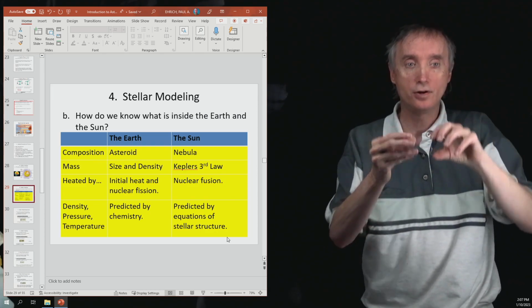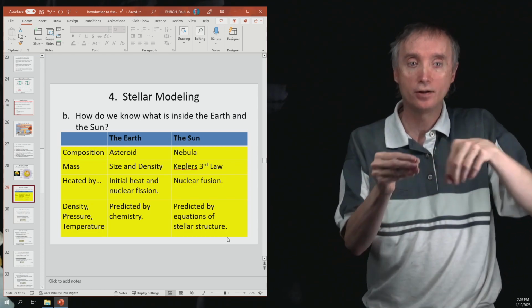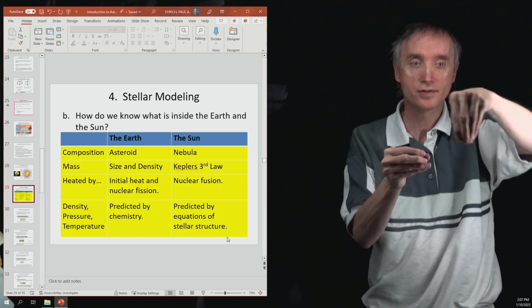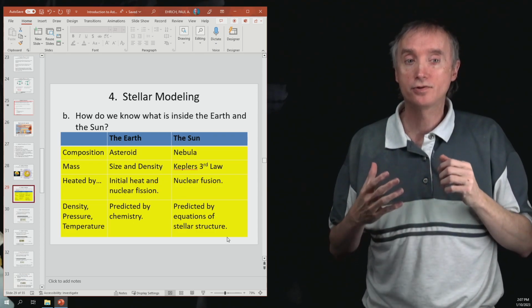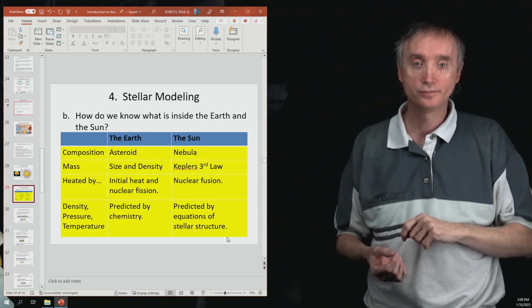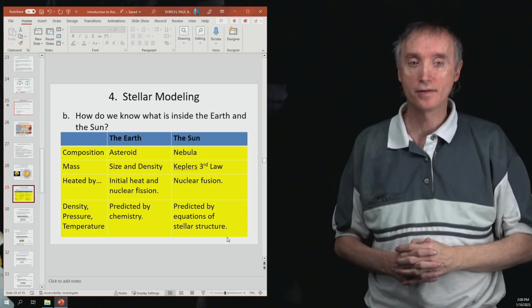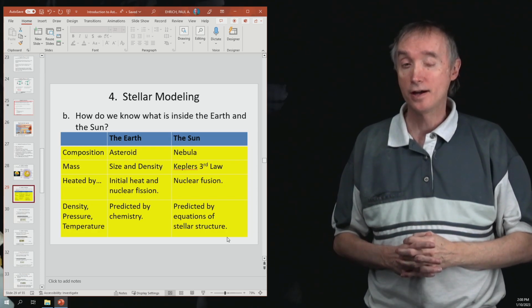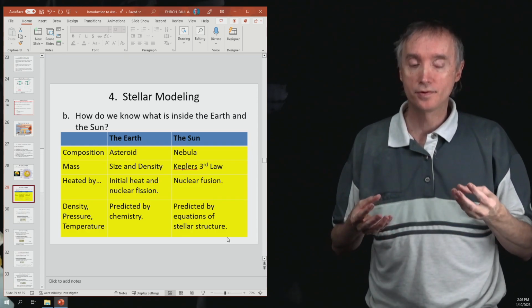So if we know the distance from the Earth to the sun, and we know how long it takes the Earth to go around the sun, then we can figure out what the total mass of the sun plus the Earth is. And then by knowing where the center of mass is, we can actually figure out the mass of the sun.